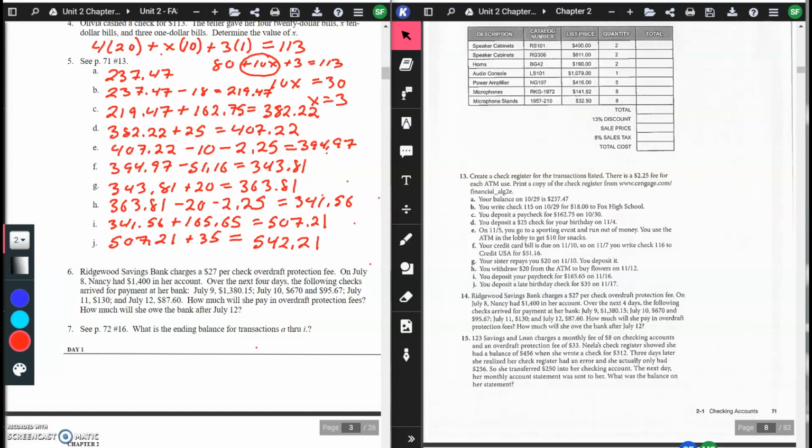Number 6 says Ridgewood Savings Bank charges $27 per check overdraft fee. On July 8th, Nancy had $1,400 in her account. Over the next 4 days, the following checks arrived for payment on her bank. We got $13.80, $15, $6.70, $95.76, $130, and $87.60.